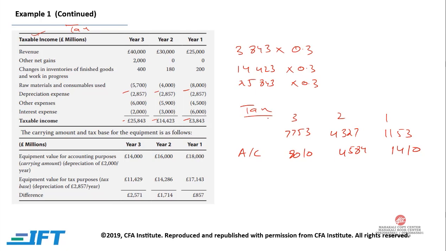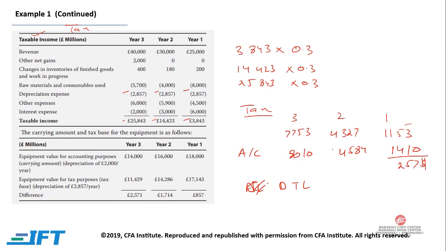But these lower taxes actually generate deferred tax liability. So it produces deferred tax liability, and we can see why. Because for tax purposes, the tax is 1,153, but for accounting, it is 1,410. So technically we paid $257 less in taxes.